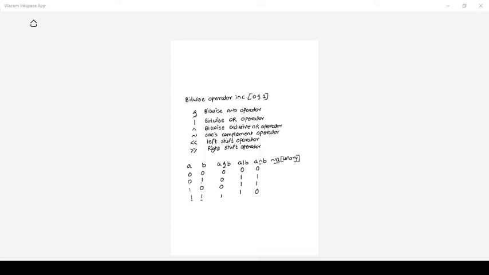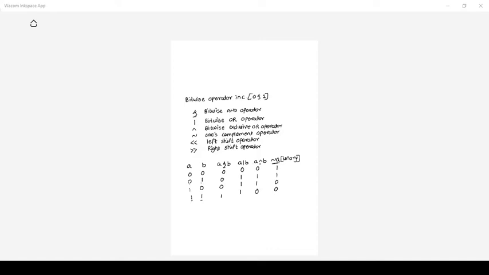When we apply the complement operation on a bit, 0 becomes 1 and 1 becomes 0. Here I am doing the negation of a, so it is reversed: 0 gives 1, and 1 gives 0. So this is the bitwise operators table.